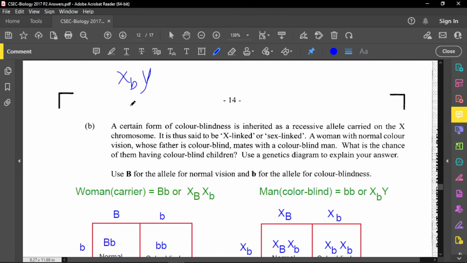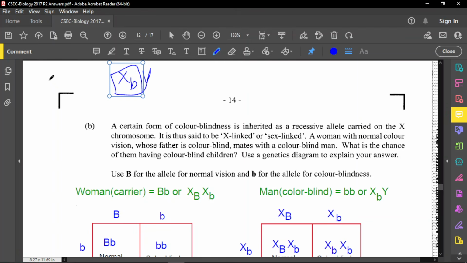All females gain this X chromosome, the sole X chromosome, from their father. They must get it, because if a Y chromosome is present, it cannot be a girl. It's a boy. So therefore she gets a normal chromosome from her mother.